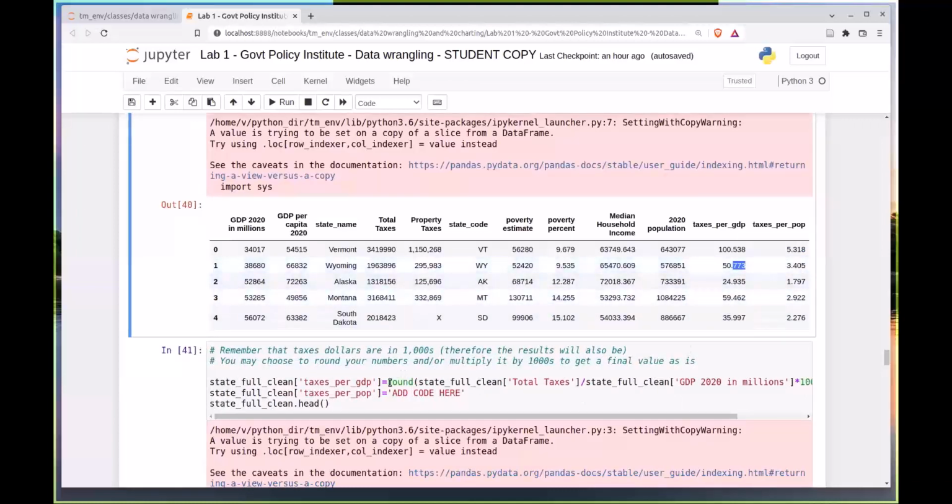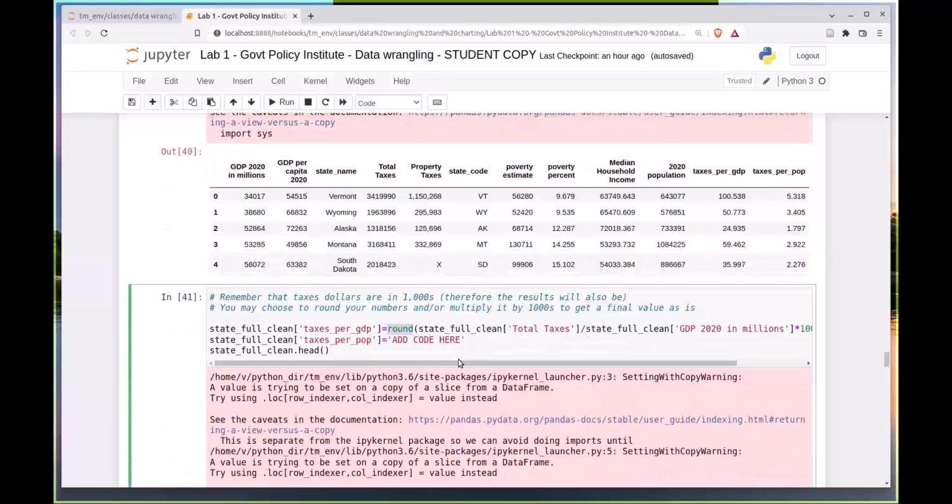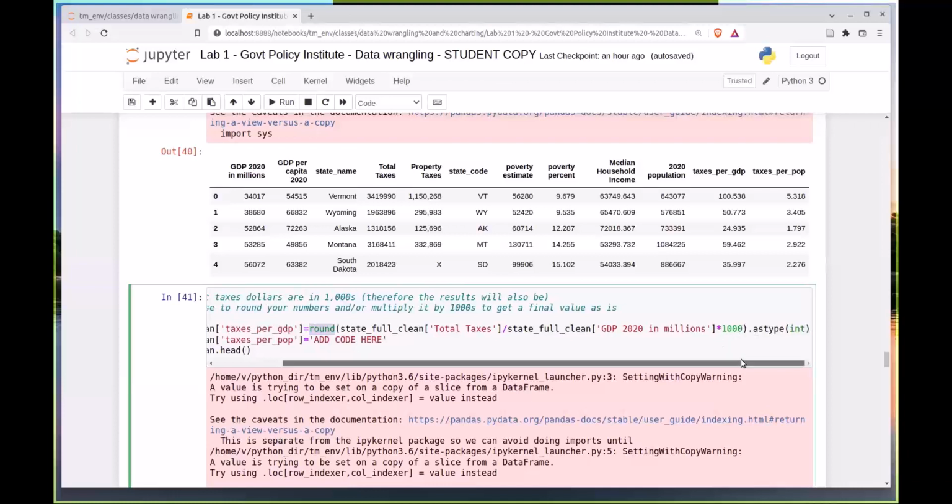So we can use the round function. I'm doing the same thing as above, but with round, open parentheses, and also times 1,000. Oh, here I multiplied the total taxes divided by GDP by 1,000, but actually what I wanted was to do that for the tax per population, not necessarily tax per GDP.